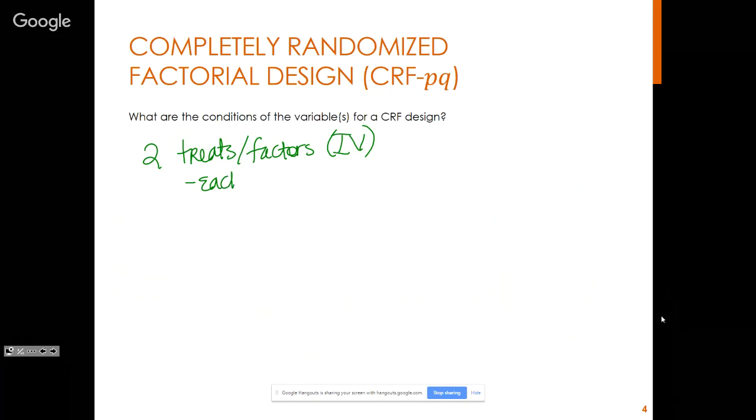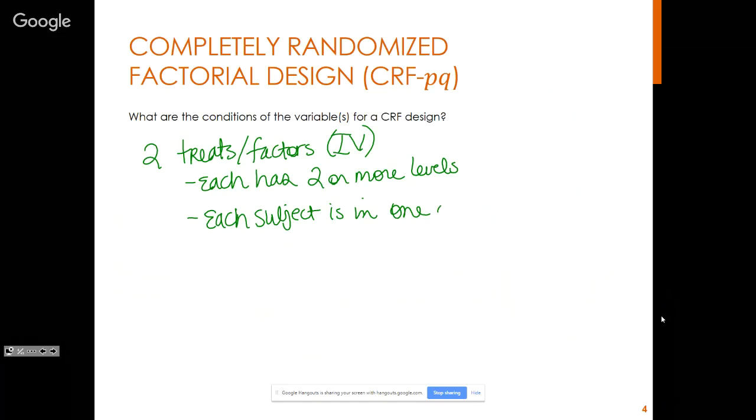So each has 2 or more levels. Experimental units are randomly assigned to one of the A and B treatment combinations. Good. So each subject is in one of the A-B treatment combinations.